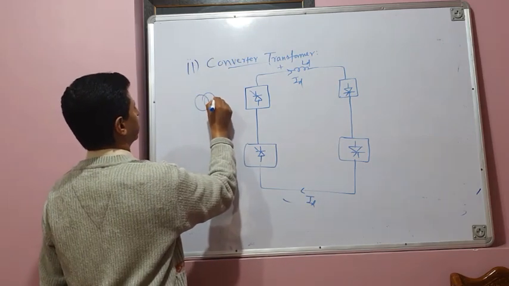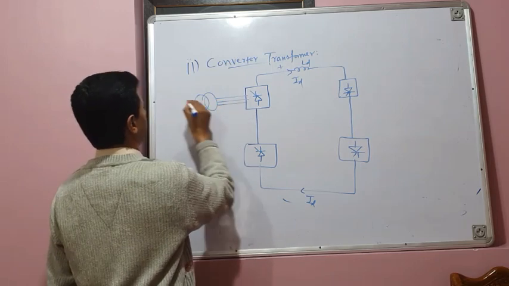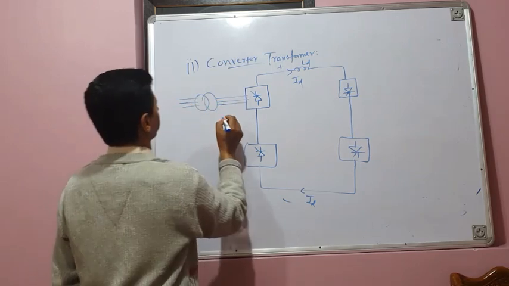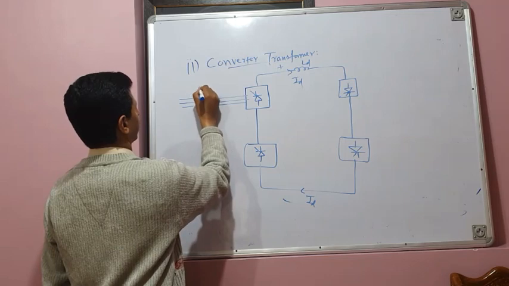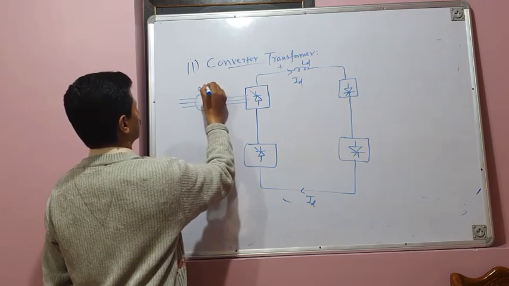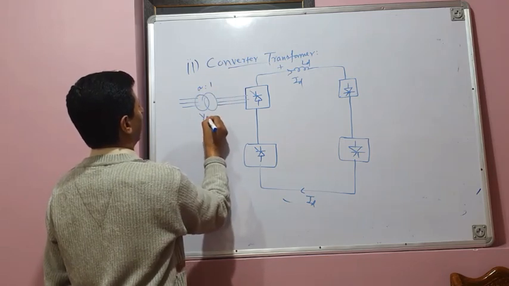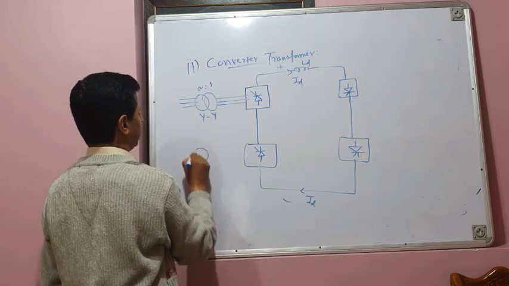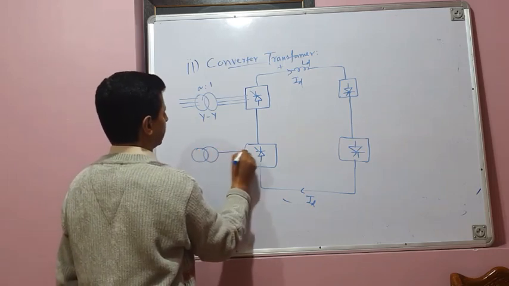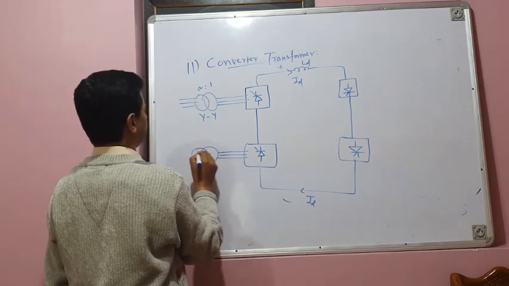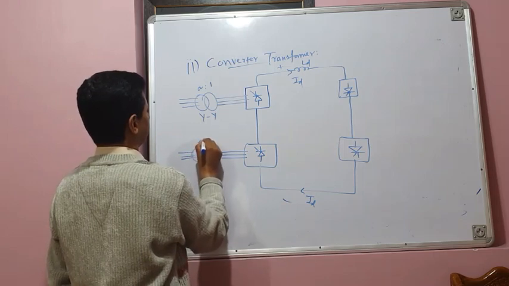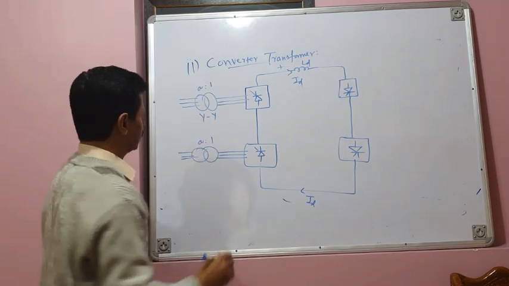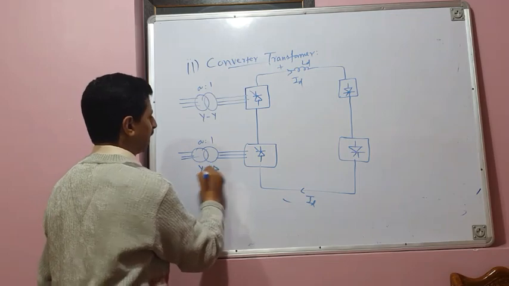This is your converter transformer, 3-phase. A is to 1, YY, that is star star connected. Another converter transformer feeds this second converter. It also has a transformation ratio of A is to 1, but it is Y delta or star delta connected.